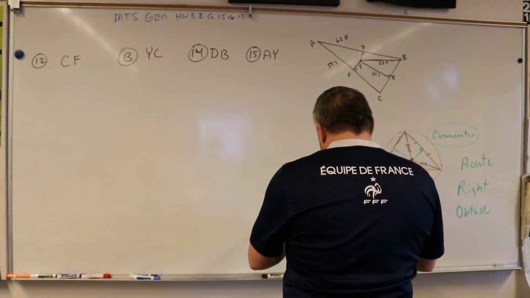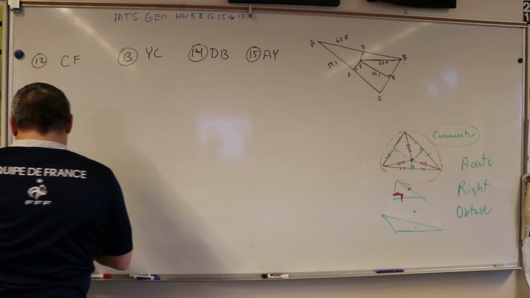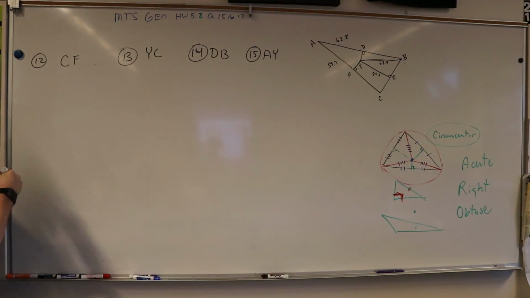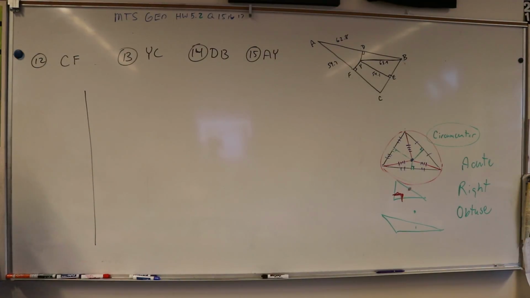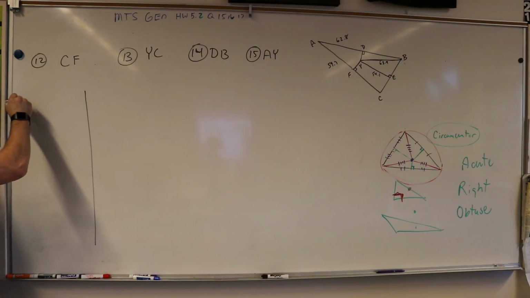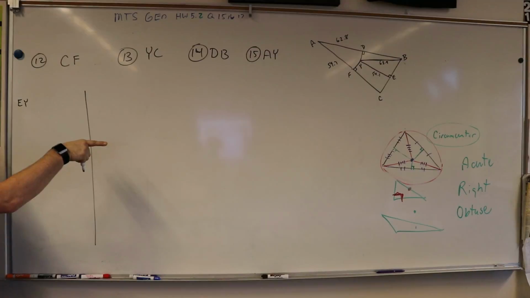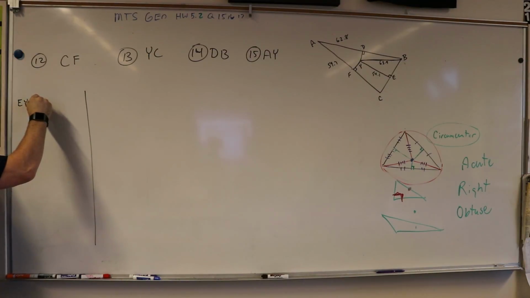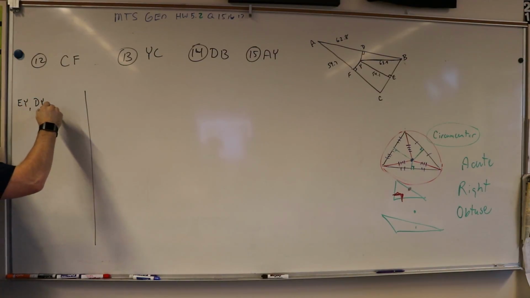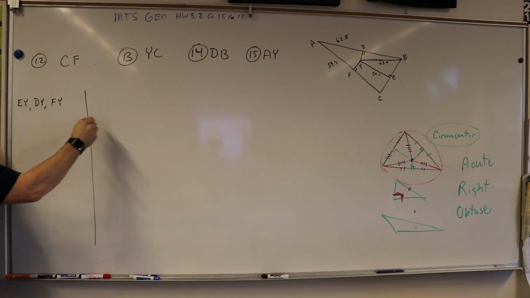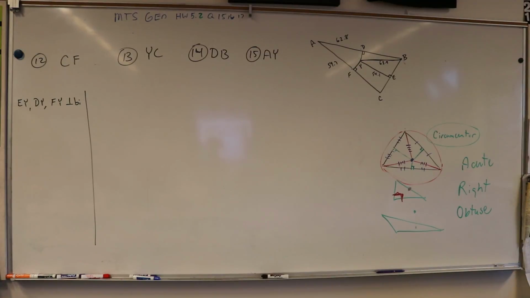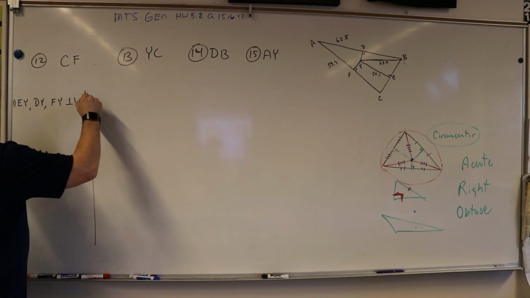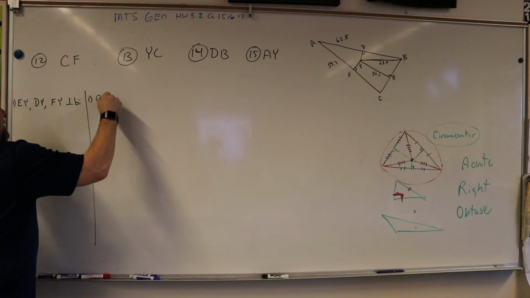So what that means, in our two-column proof, is we're going to say that EY, DY, and FY are perpendicular bisectors, and that's given.